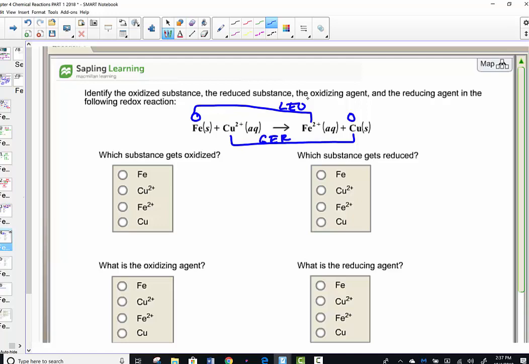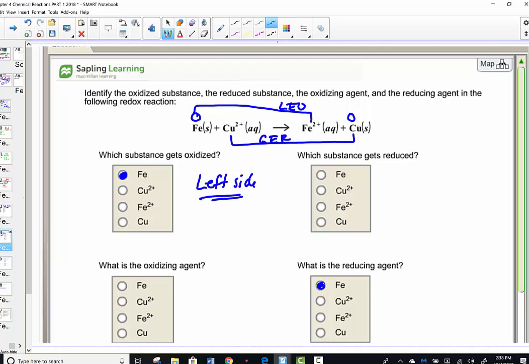You want to be sure you're only selecting from the left side of the equation, the reactants. That's what's oxidized. That's what's reduced. Don't pick something from the product side. You want to pick your answer from the left side. So what was oxidized was the iron metal. Right off the bat, now that I know it's oxidized, the vocabulary word that's assigned to it is called the reducing agent.